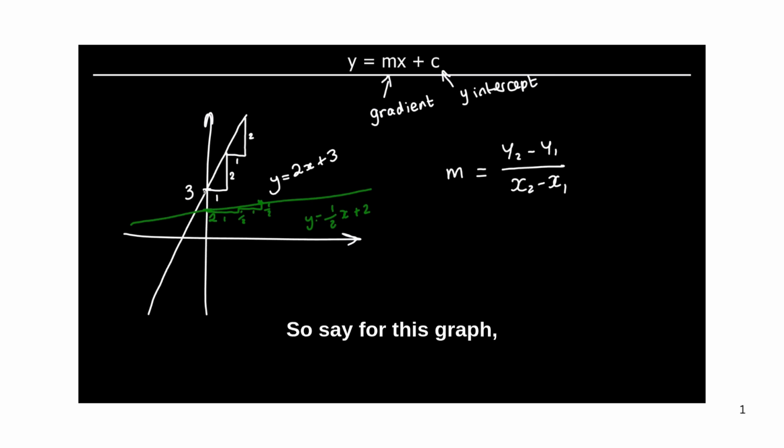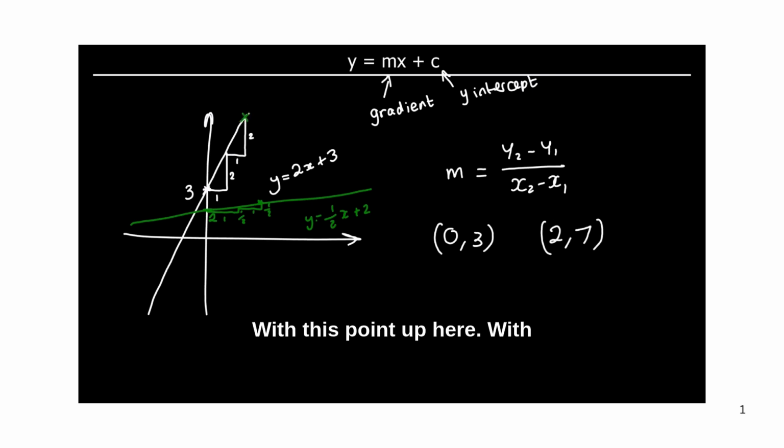So say for this graph, we had 0, 3 and then we had 2, 7. So 2, 7 was this point up here and 0, 3 was this point here. So we've got two sets of coordinates. We can label them x1, y1.